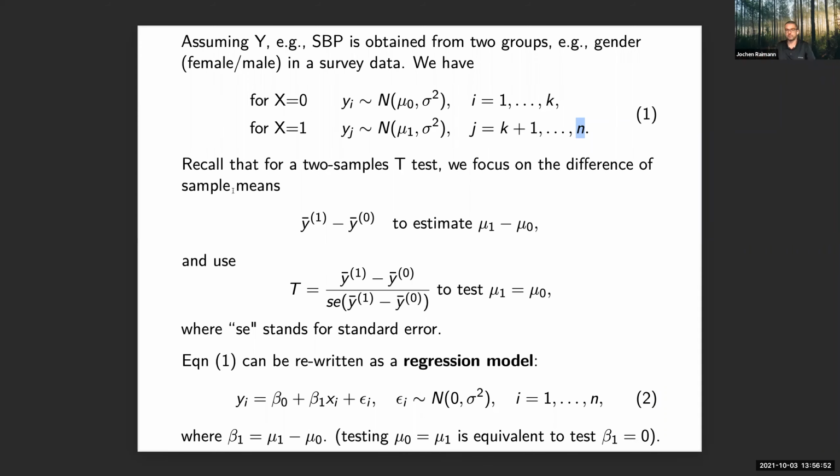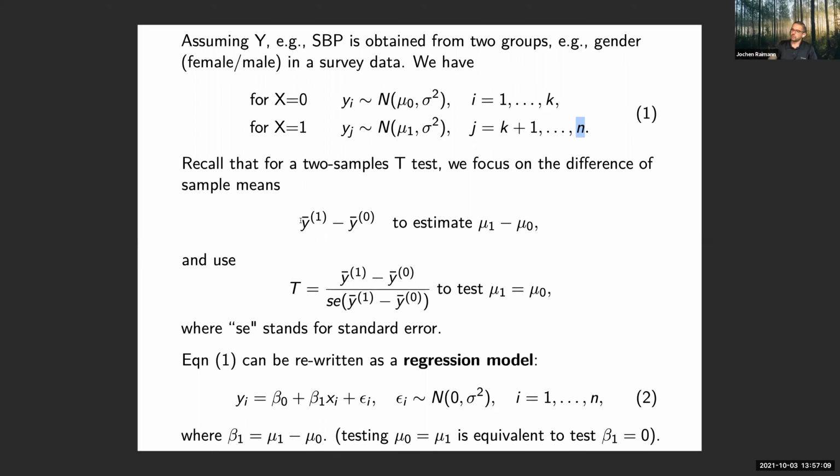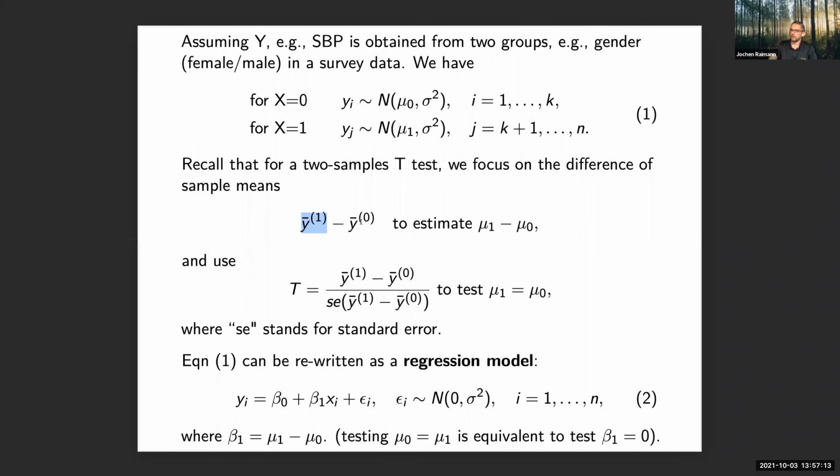With an independent sample t-test, we're comparing these two groups by comparing the distribution of means of all these independent samples that we've drawn from each individual group. So we are now estimating the y bar 1 from that group minus the y bar 0 from that group to estimate mu 1 minus mu 0.